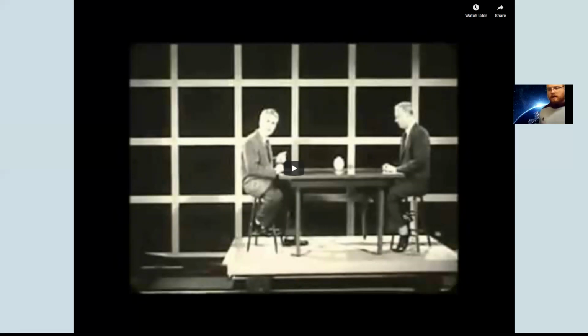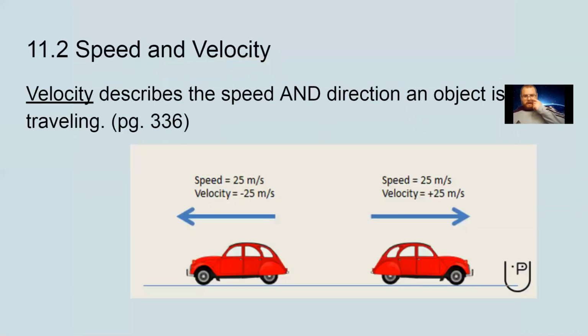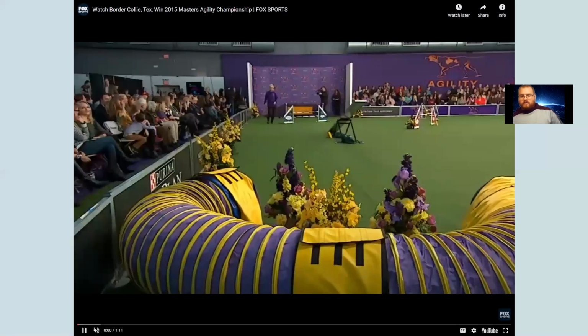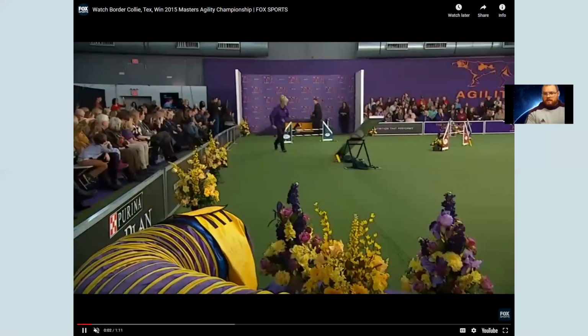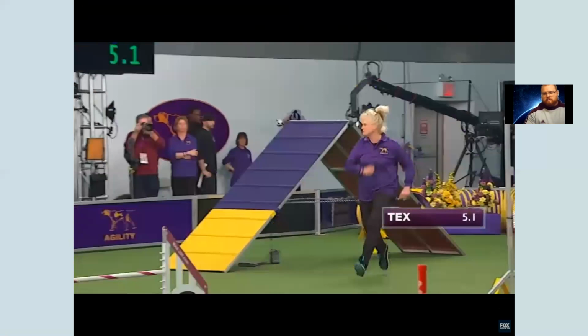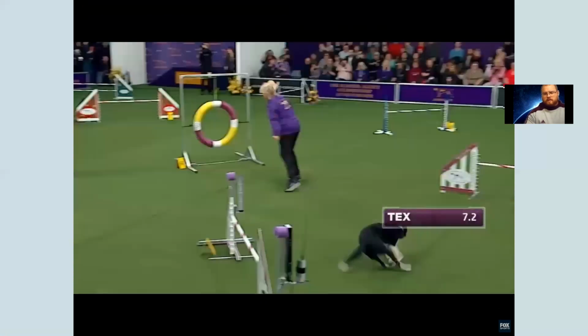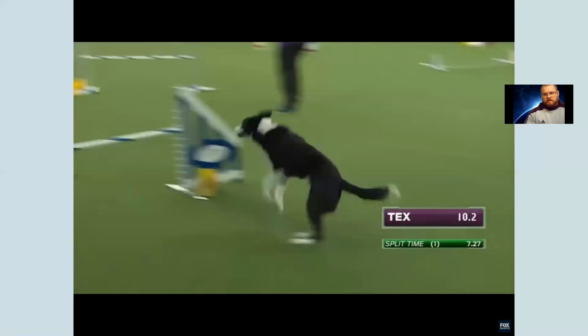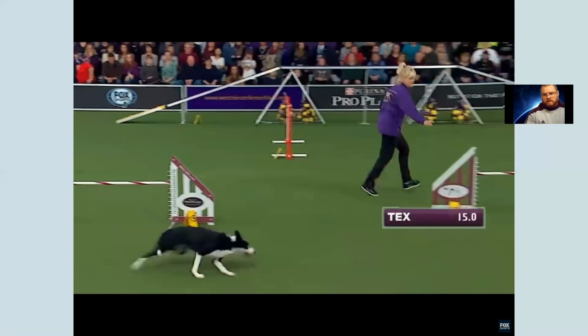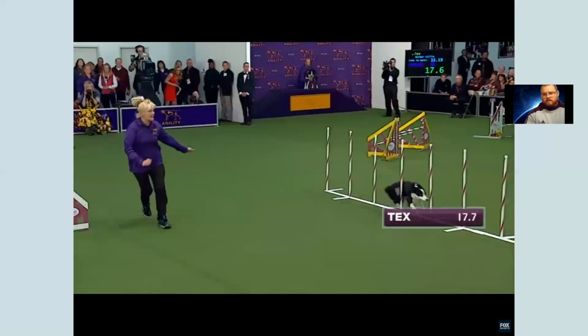So it's a pretty good demonstration of combining velocities. So velocity is a type of vector. It describes the speed and the direction that an object is traveling. As we can see here, changes in vector can be sudden. This is a competition, I forget where it is located, but you'll see here that change in direction isn't a constant. We're constantly changing direction.